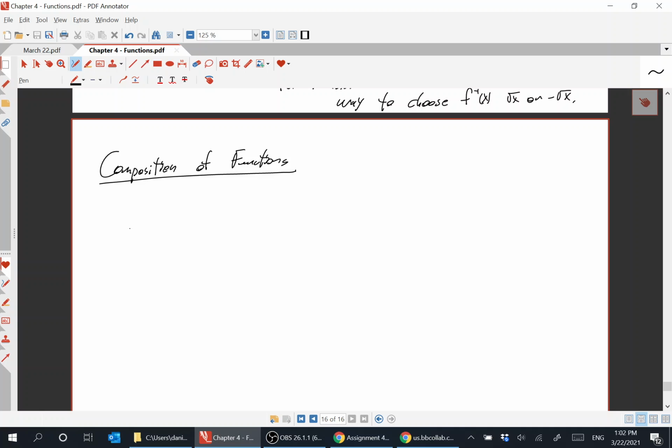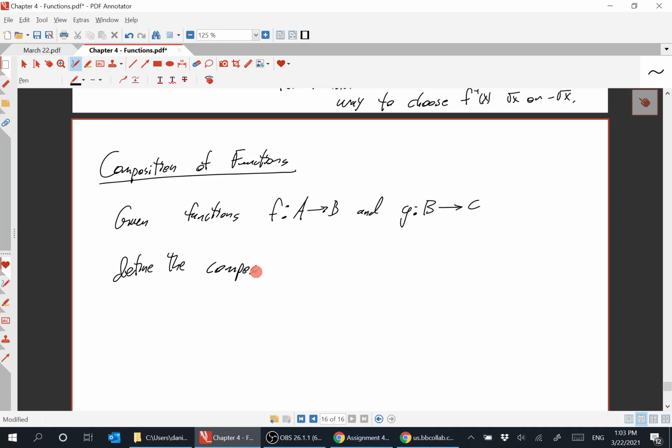Given functions f from A to B and g from B to C, we define the composition g following f from A to C by gf of x is equal to g of f of x for each x in A.